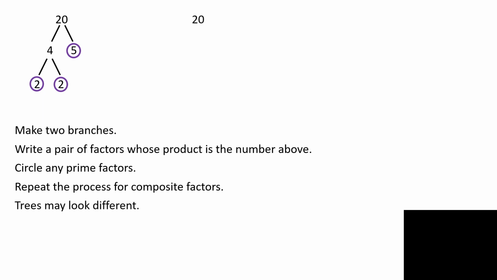Now, if you are curious, and you're thinking, well, what if I started with 2 times 10 instead? Right? Because some of you didn't want to do 4 times 5. Some of you might have wanted to do 2 times 10. Well, if you start with 2 times 10, you'd circle the 2. Underneath the 10, you draw branches, and you do 2 times 5. 2 is a prime number, I can circle it. 5 is a prime number, I can circle it.